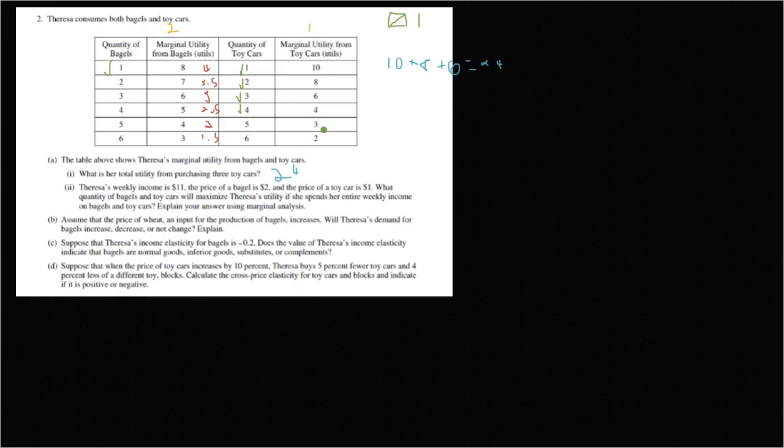So next we have 3.5. So we're going to buy that second bagel, and again it's $2. And then we have 3 versus 3. So we're going to actually buy both of these. And so we're going to spend $1, $2, $3. Oh, hey, this is 11. We're out of money, so we're going to stop.